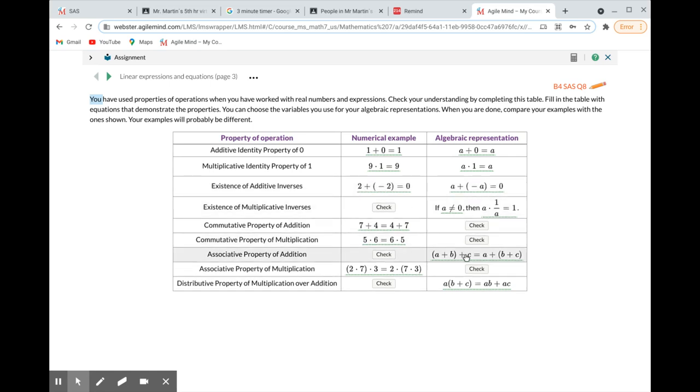Looking at our next one, we have the existence of multiplicative inverses. A multiplicative inverse is the reciprocal of a whole number. If we take the reciprocal of a whole number and multiply it, it will equal 1. So for instance, if we said 4 times 1/4, what is 1/4 of 4?